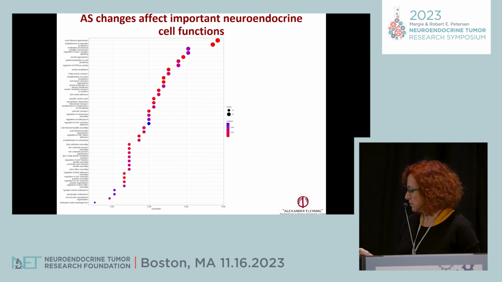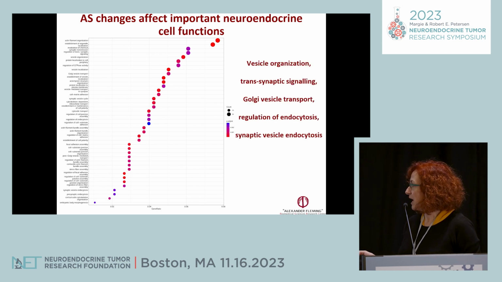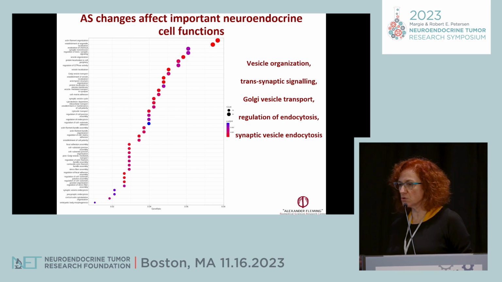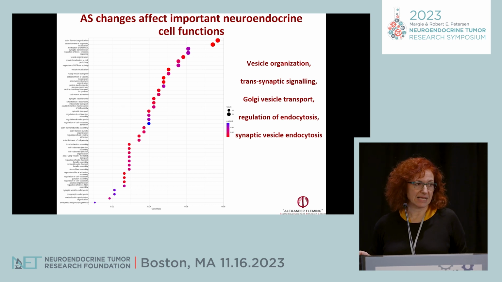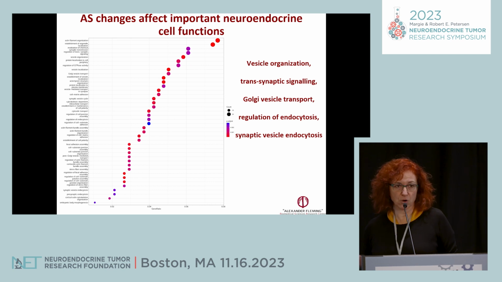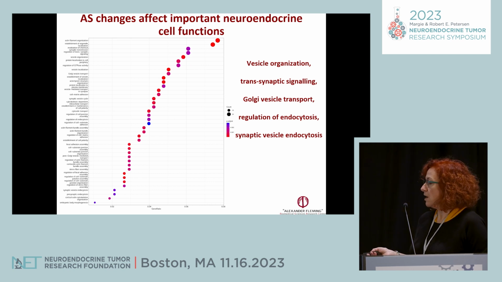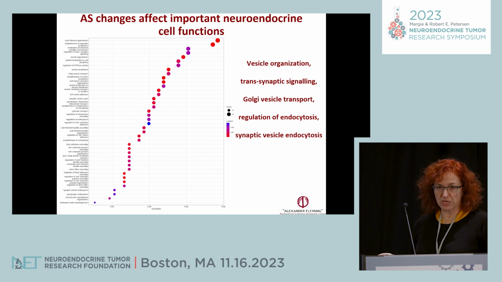And to our surprise, most of them were important for vesicle organization, transsynaptic signaling, Golgi vesicle transport, endocytosis, and generally functions of the neuroendocrine cells that are important for hormone secretion, but also for receptor endocytosis and so on.